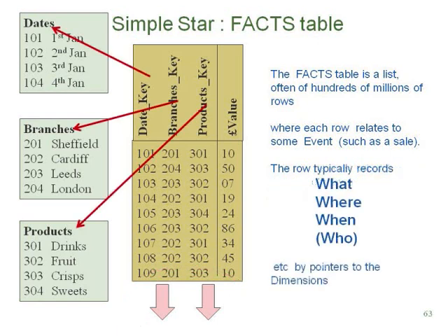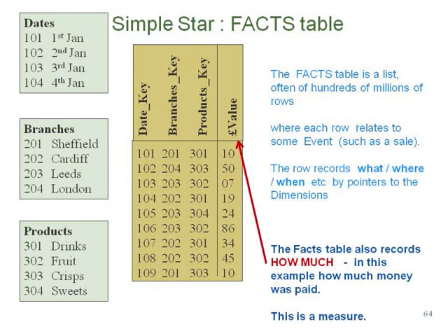On the left-hand side of the facts table, you can see that this example points to 3 different dimension descriptors. Typically, the descriptor is going to be about what, where, when, possibly who, possibly why, for example. And on the right-hand side, we're recording how much. For example, here, how much money was paid. This column is a measure.